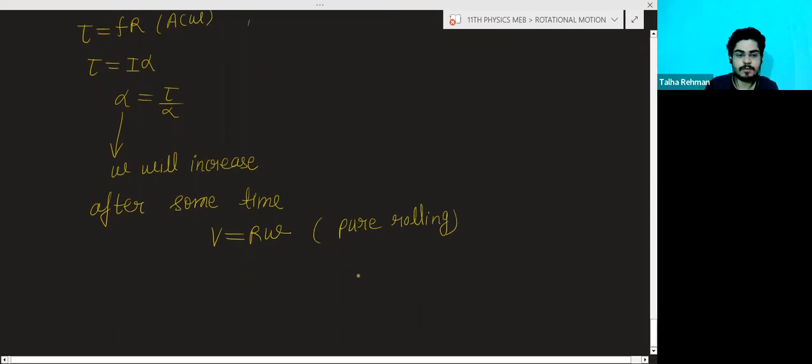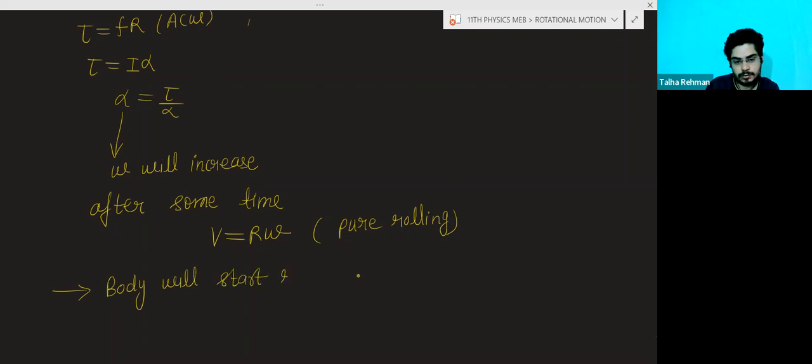So you can say the body will start rolling due to the friction force.